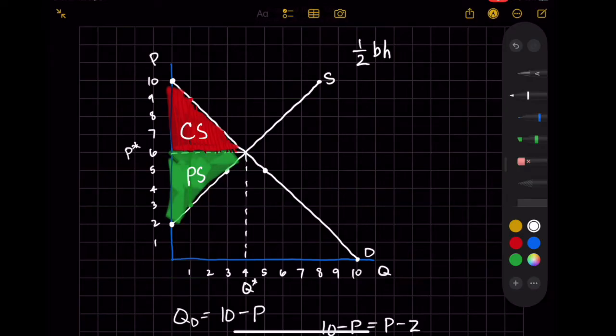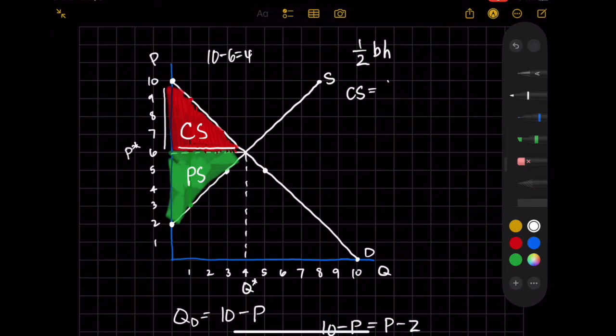If I want to start with consumer surplus, one part is going to be this height here, and another part right here is going to be the base. Looking at the height, it goes from 10 to 6, so 10 minus 6, it has a height of 4.